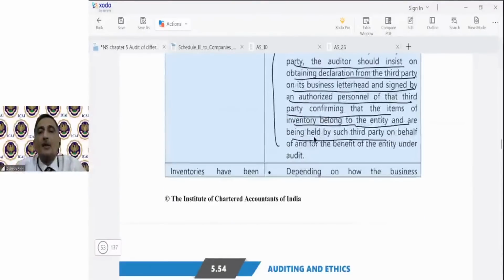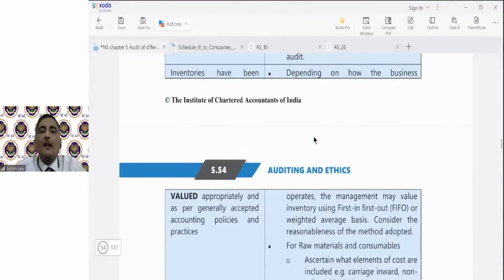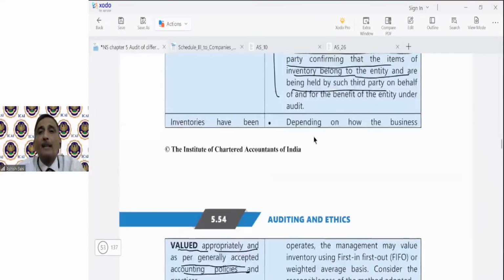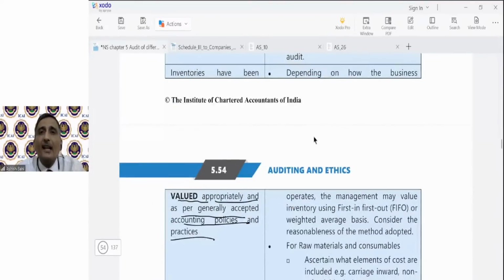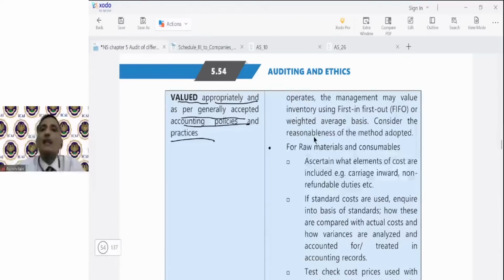So now we come to another assertion of inventories, that inventories should be valued properly as per generally accepted accounting principles and practices. Now students, at the start we had understood that inventories are valued at cost or net realizable value, whichever is lower, including all the elements of cost which are required to be included.